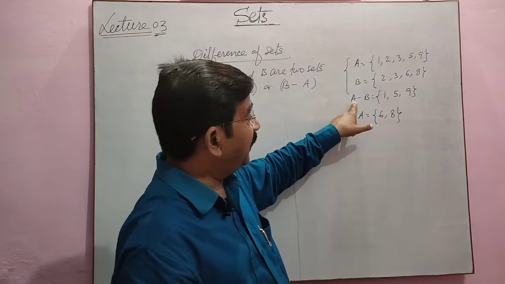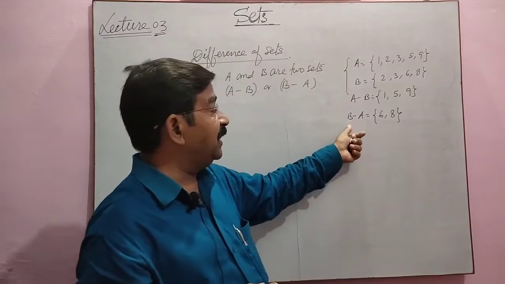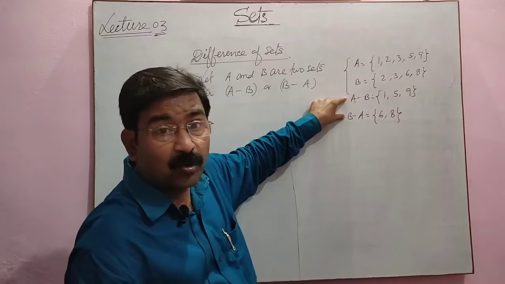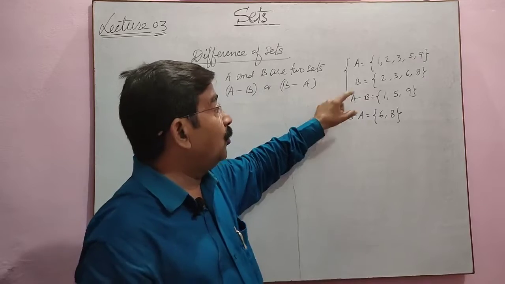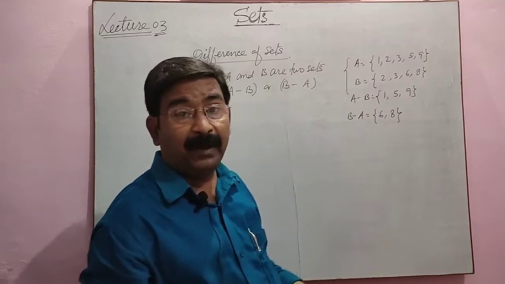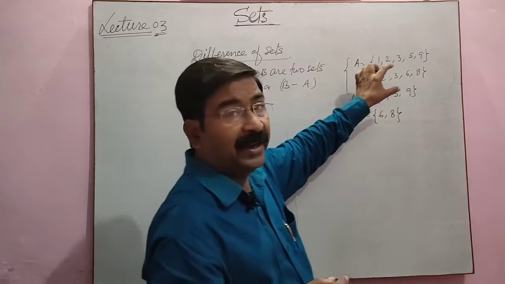We have A minus B is {1, 5, 9}, B minus A is {6, 8}. Are these two sets equal? No. Means A minus B is not equal to B minus A. Now this is our own language.